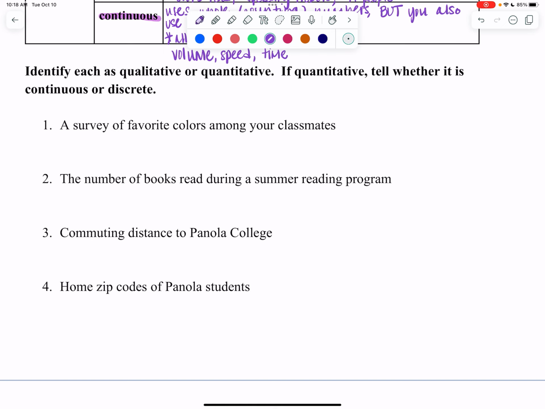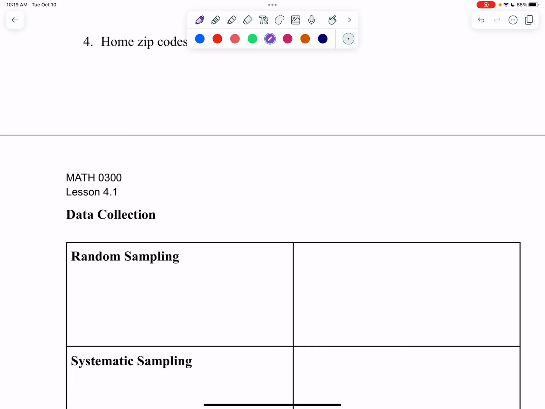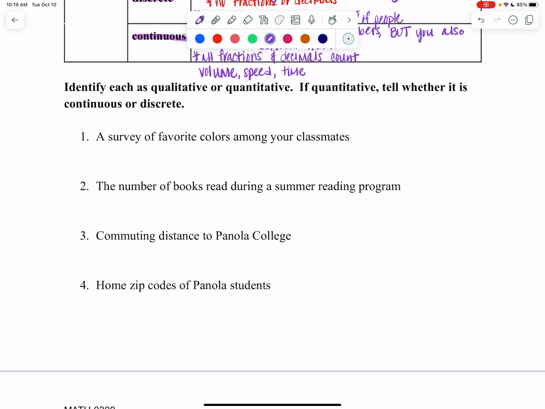Down at the bottom, we are going to identify each type of data as qualitative or quantitative. If it's quantitative, we're going to tell whether it's continuous or discrete. So let's go through all of them, and then we will come back and deal with continuous and discrete as necessary. So A says, a survey of favorite colors among your classmates.